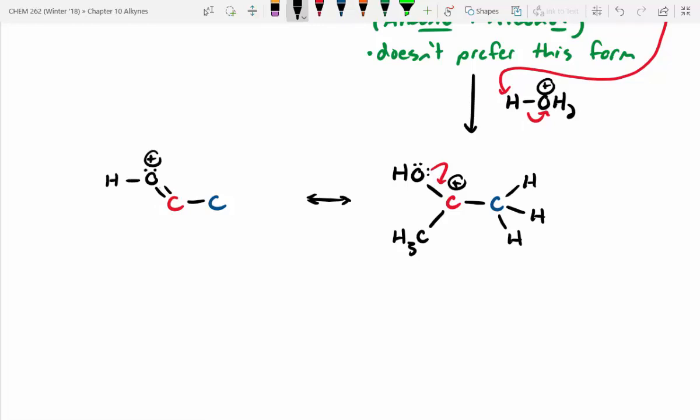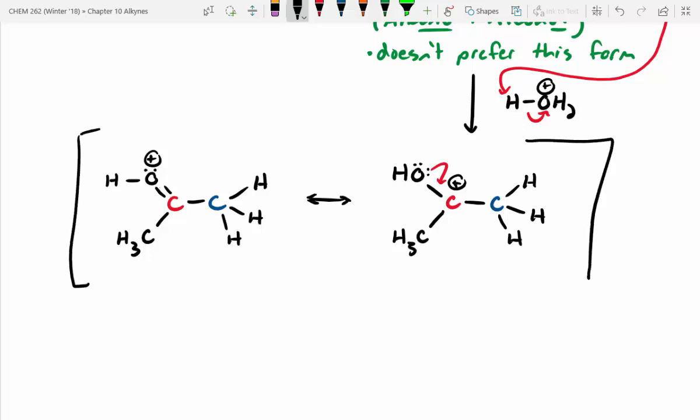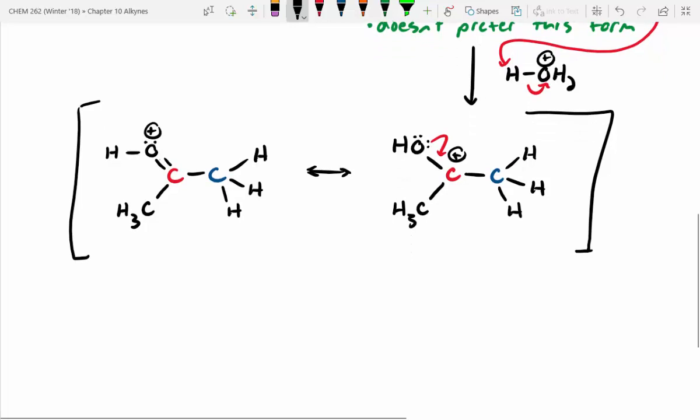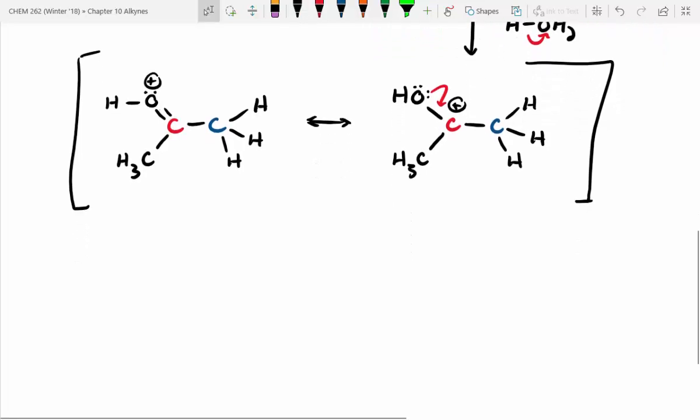That means that this oxygen has a positive charge. And because it's a resonance structure, I do want to bracket it to clearly show this is why it's so stable. All right, and we do have water floating around, specifically the water that was kicked off in the last step.